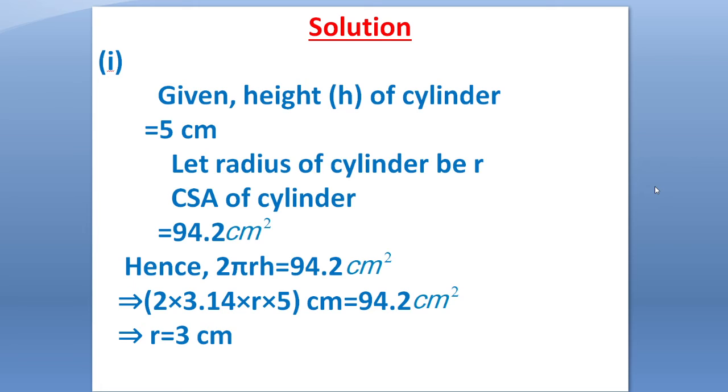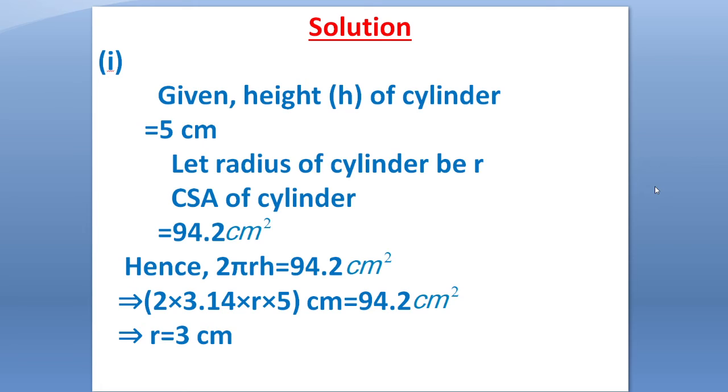Let radius of cylinder be r. So curved surface area of cylinder is equal to 94.2 centimeter square is given. Hence 2 pi rh is equal to 94.2 centimeter square.